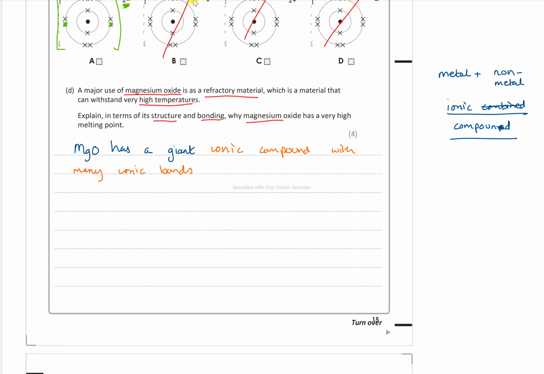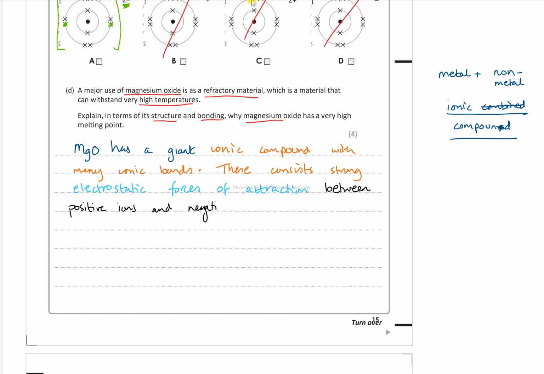These consist of many strong electrostatic forces of attraction between positive ions and negative ions.